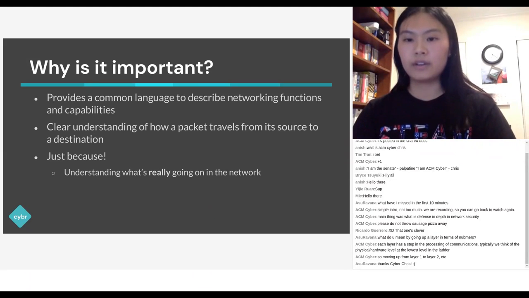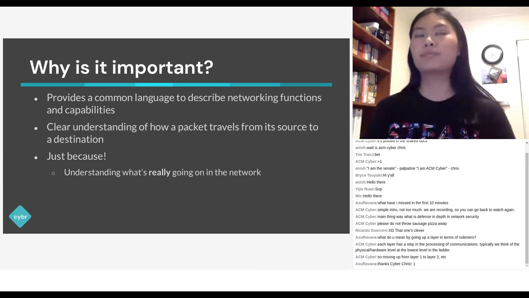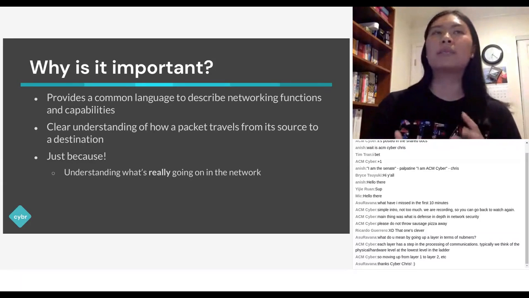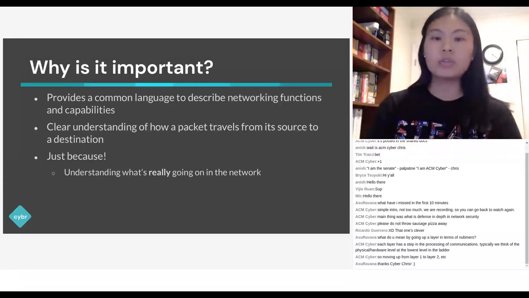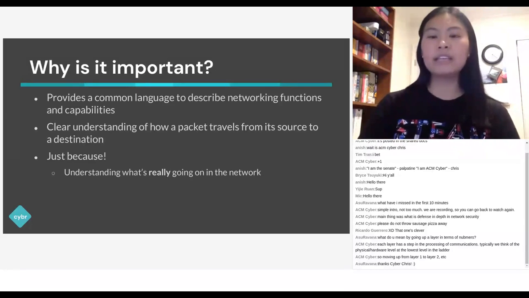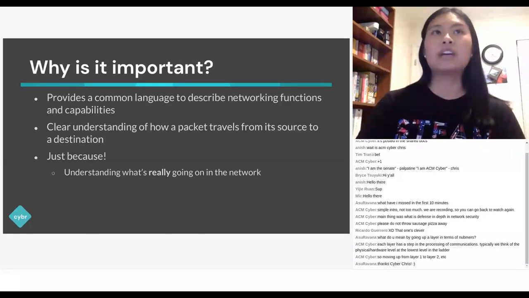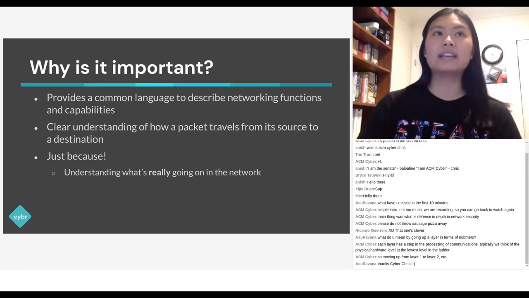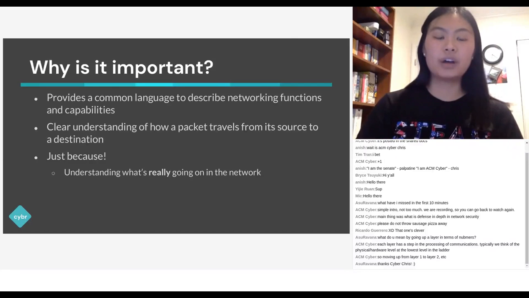Okay. So this was a pretty quick run-down through important concepts in networking. I do want to explain why it's important. You need a common language to describe network functions and capabilities. For example, if you're speaking in different languages and you don't understand their vocabulary, it's hard to discuss issues across the network.